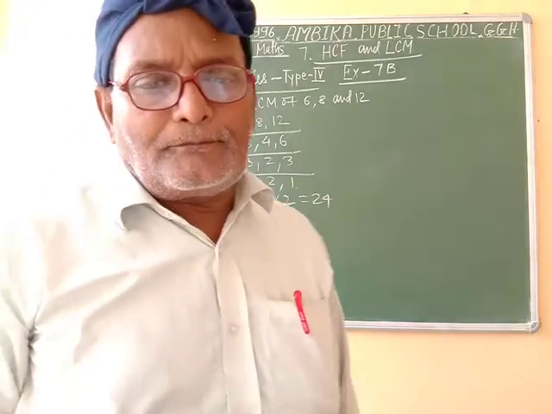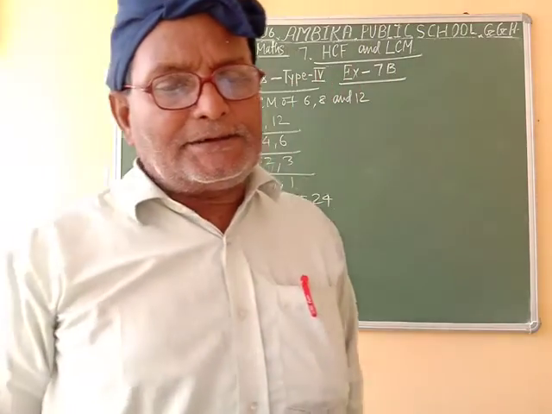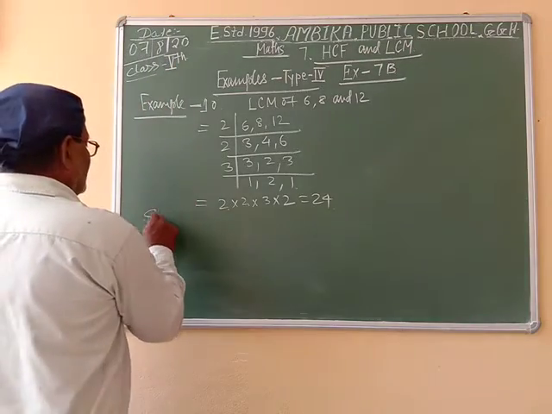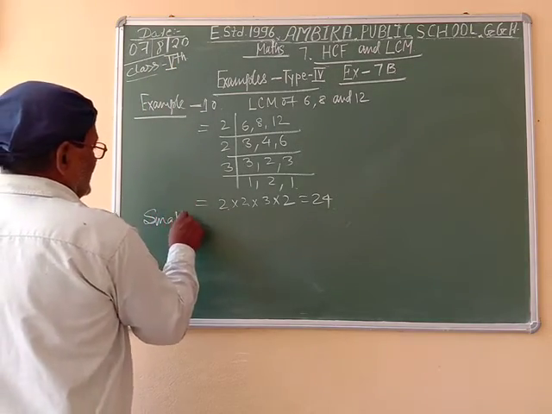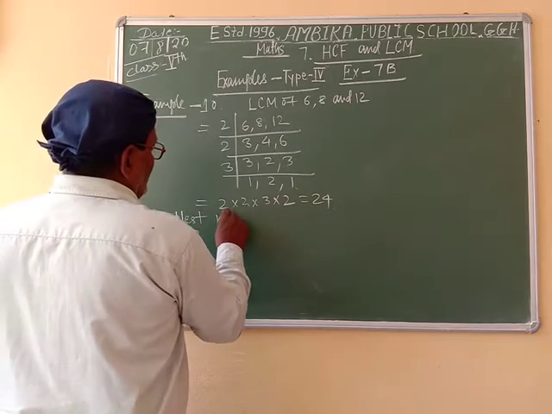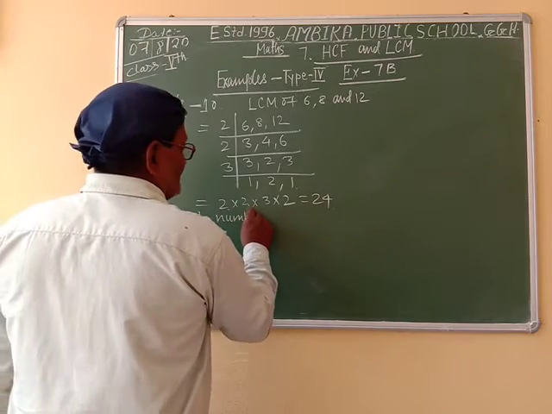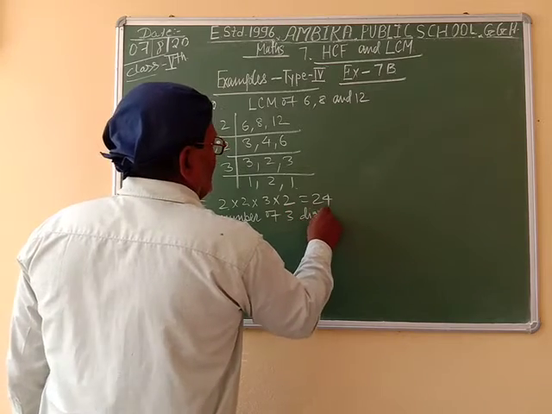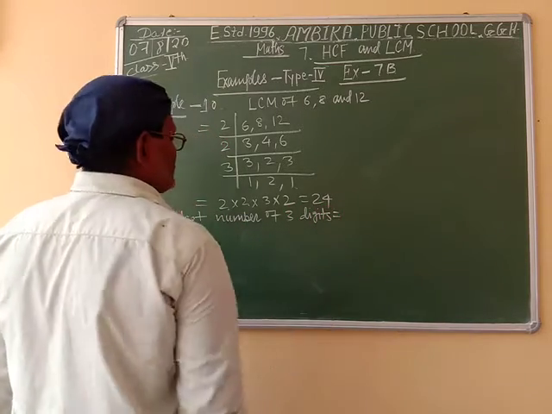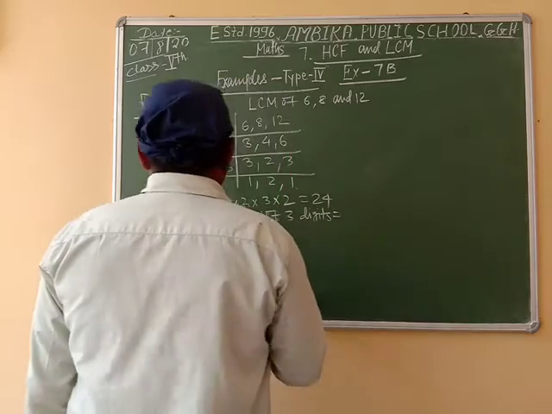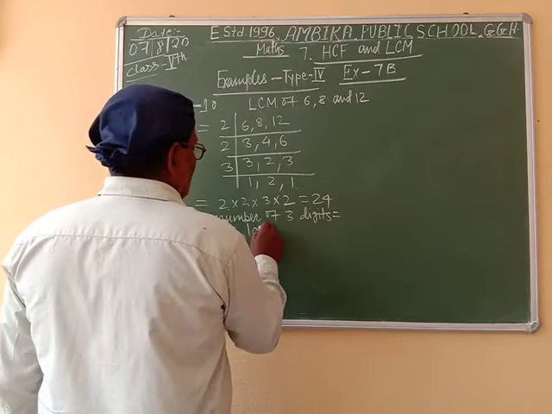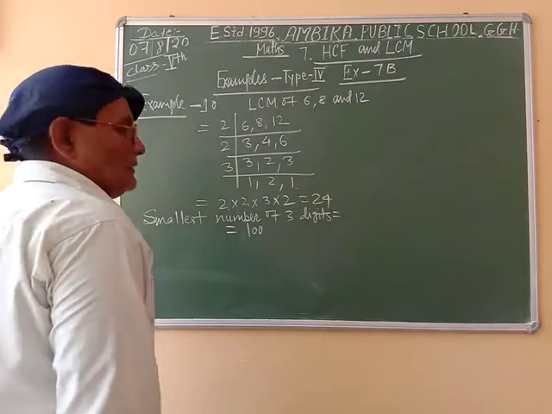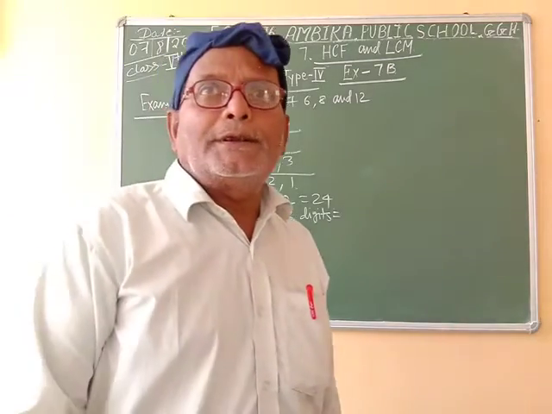Now the smallest 3-digit number. The smallest number of 3 digits is 100.